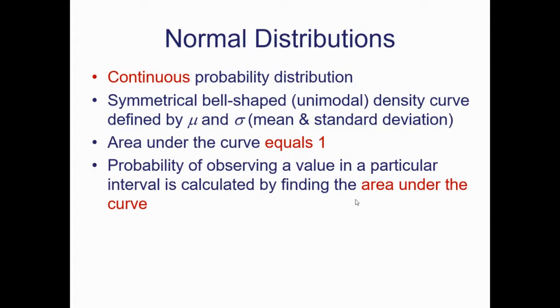And the probability of observing a value in a particular interval is calculated by finding the area under the curve. It's just like we learned when looking at continuous distributions. You gotta find the area. Now, I don't know about y'all, but even in college, we did this formula for the normal distribution. I'm not gonna show it to y'all. I promise you, it looks horrendous.